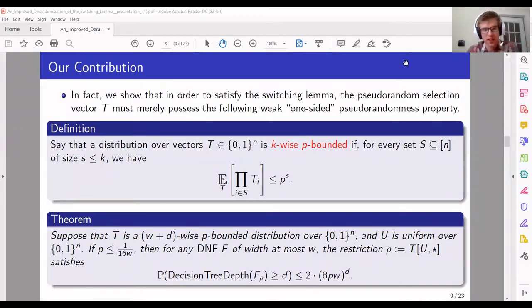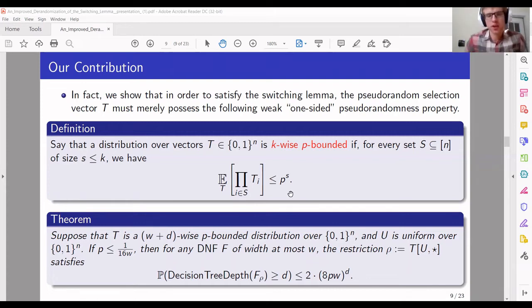In fact, we show that any pseudorandom distribution over selection vectors t, so long as it satisfies some fairly mild and generic pseudorandomness property, is sufficient for the switching lemma. So what is this pseudorandomness property? It's this property we call k-wise p-bounded, and the requirement is that for every small set S of size at most k, you look at the coordinates in S and ask what is the probability that t_i is equal to 1 on all those coordinates simultaneously, and the requirement is that that probability is at most p to the |S|.